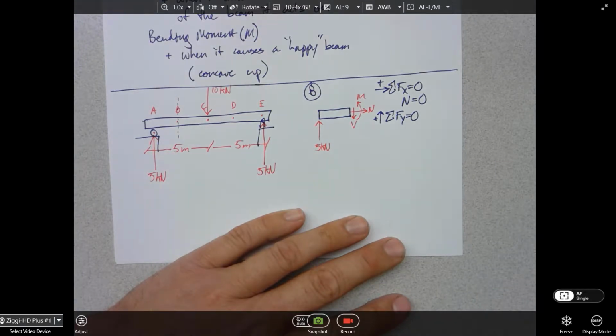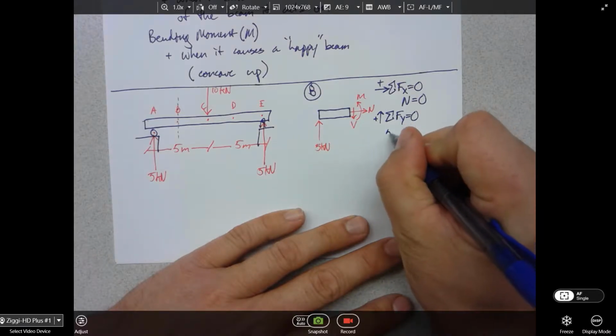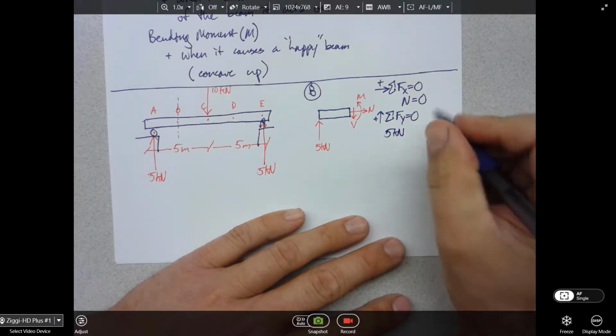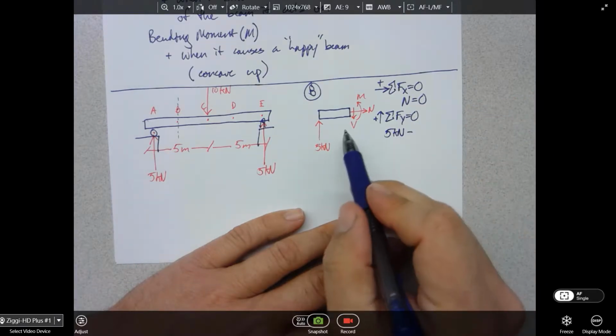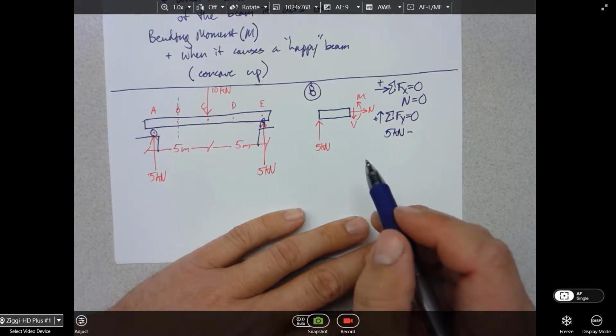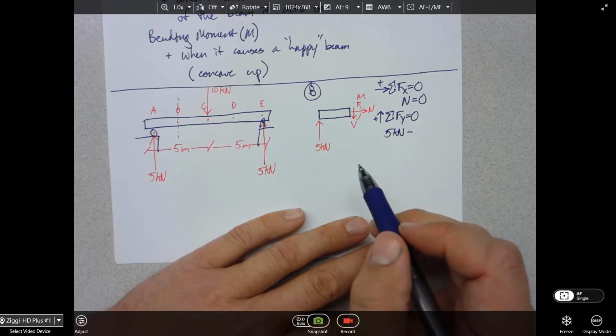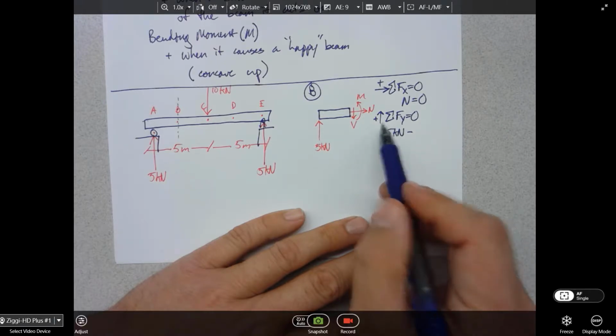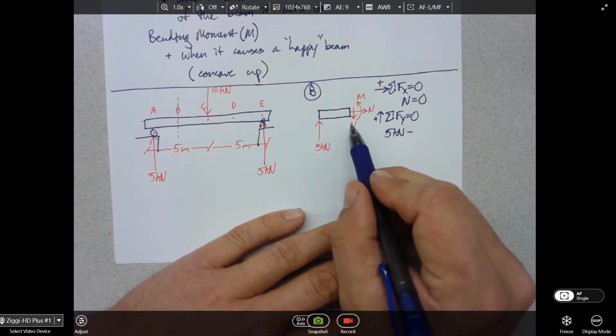Let's sum the forces in the Y. What do you see acting in the Y? Shear force. Okay, so 5 kilonewtons, and the shear force. Do I say plus the shear force or minus the shear force? It's positive, but it's going against the convention, going down. It causes clockwise rotation on the beam.